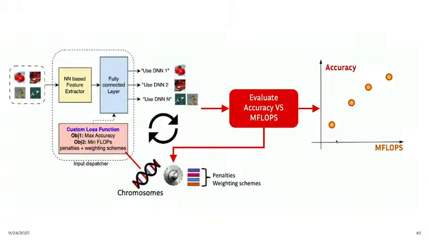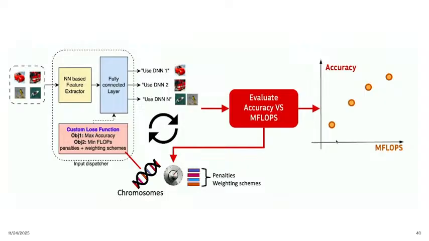I didn't go into much detail, but the higher-level idea is, generally when you are training your CNN, your loss function is just one thing, which is to maximize the accuracy. You're not worried about the computational intensity or the flops used.